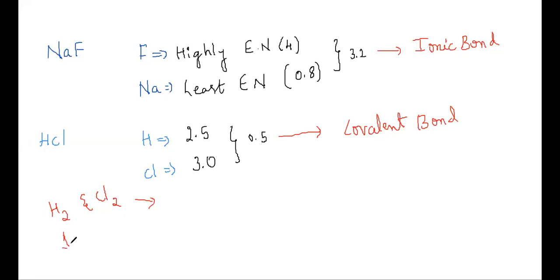The electronegativity difference is going to be how much in these two cases? Can it be equal to 0? This is a separate molecule and this is a separate molecule. In the case of H2, it has only two hydrogens, so 2.5 and 2.5, the difference is equal to 0, right?